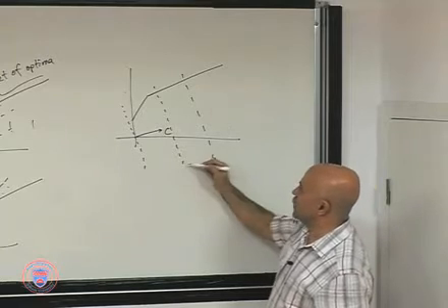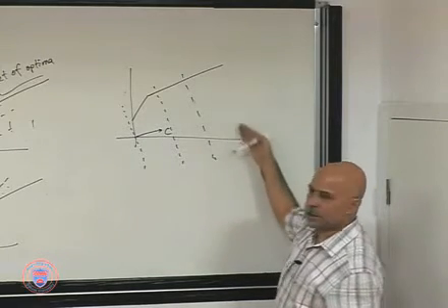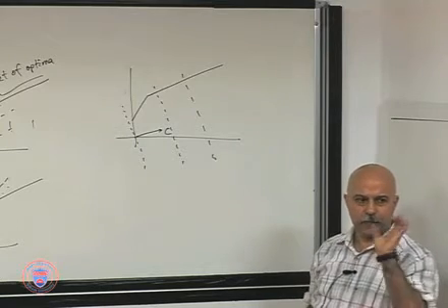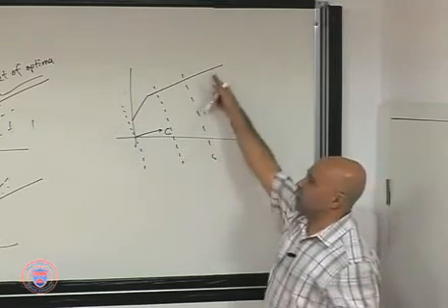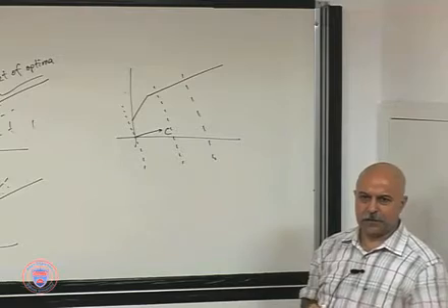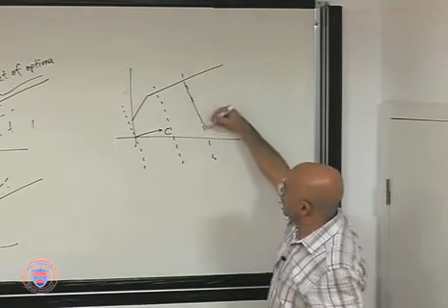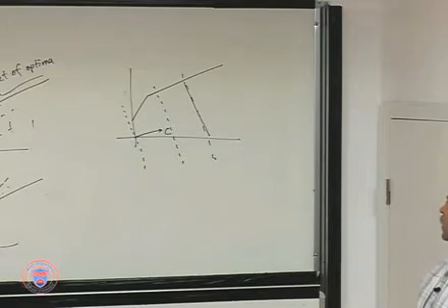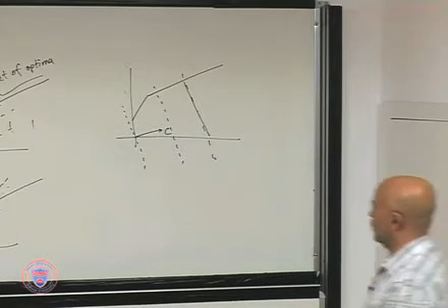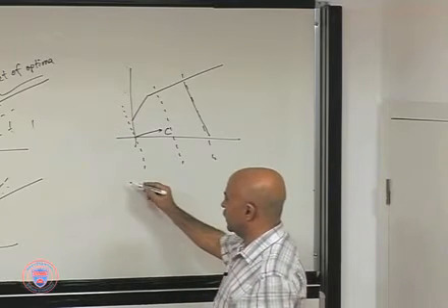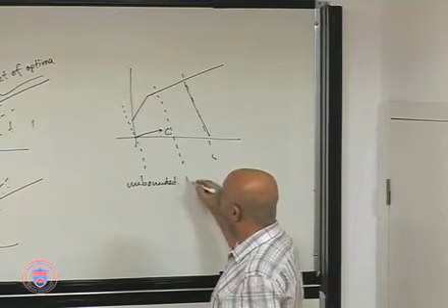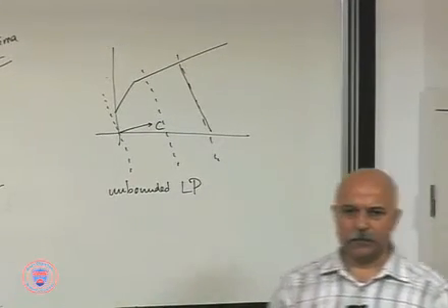Nevertheless, for each fixed value of z, you can still slice through the feasible region, which means you can always attain that particular objective value by means of certain feasible solutions. That happens to be along the portion of the contour line corresponding to that particular z value. Okay, so this is the case of unbounded solution or unbounded linear program.